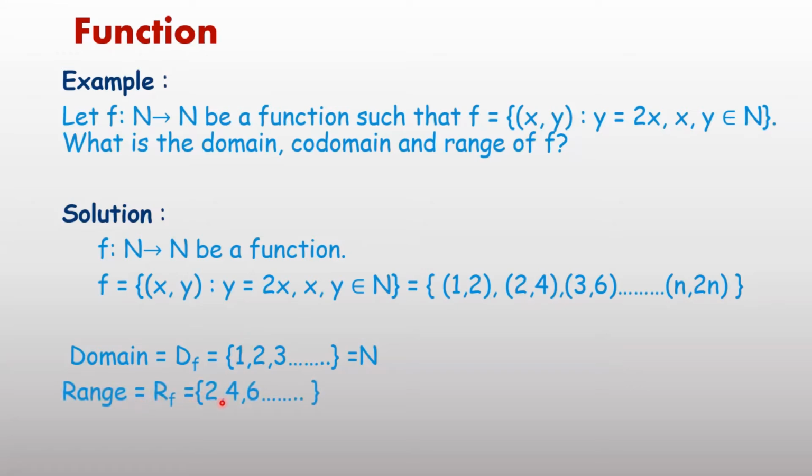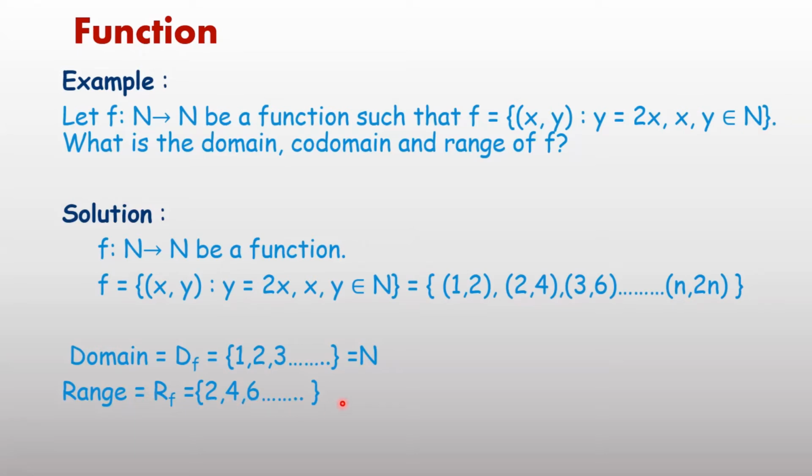Range of f equals {2, 4, 6, ...}, meaning even numbers. And what is the codomain? The second set is known as the codomain. If f is a function from N to N, then the second set is known as the codomain. The first set is the domain, the second set is the codomain, and the values of y as per the definition are known as the range.